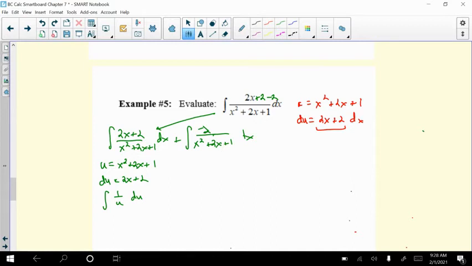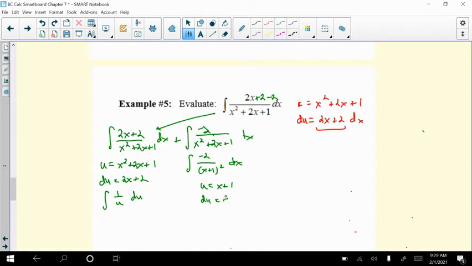The problem is that a would have been 0, and you can't have an undefined value like that. So instead, we're going to factor that denominator, because it's a perfect square, and x plus 1 is my u. So then let's let u equal x plus 1.